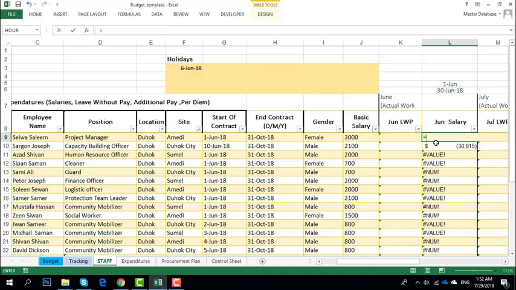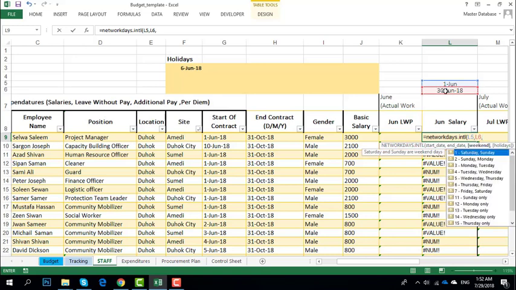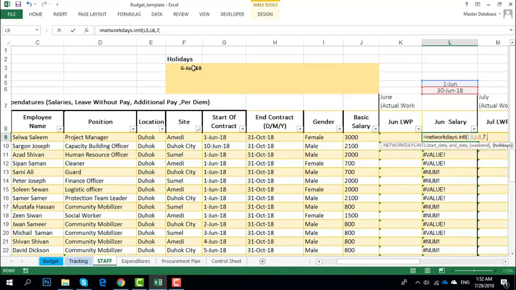I will say equal NETWORKDAYS.INTL. Okay, then start date is this. Nice. End date is this one. Great. And what do we have here? We have weekend. Great. So we just select Friday and Saturday, which is number 7. I put 7. Then we have the holidays here. Nice. I close it. I have now 19 days.